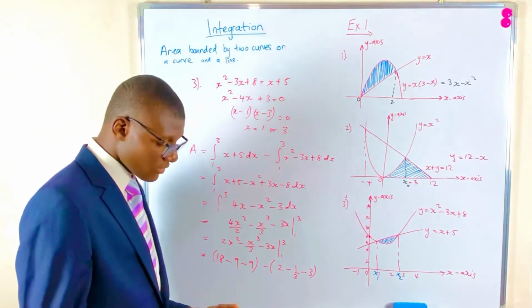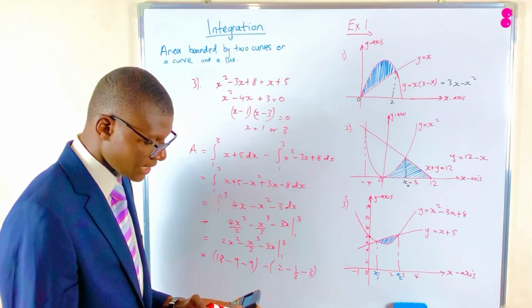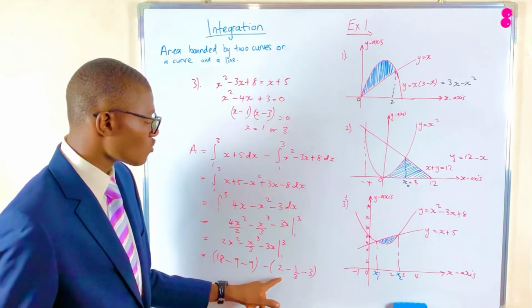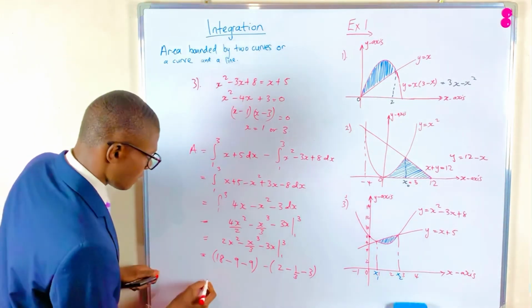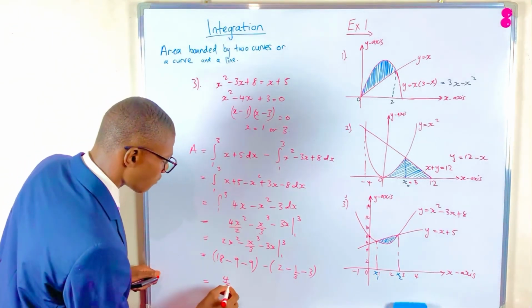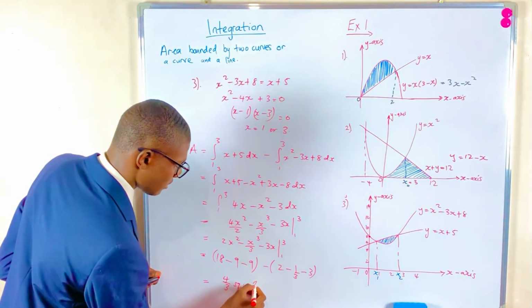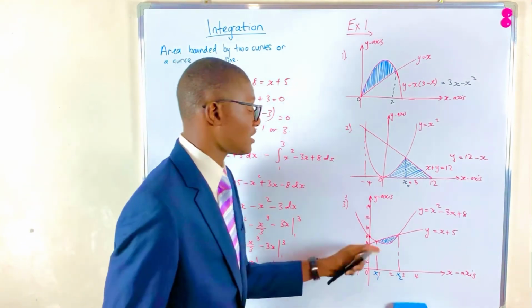And then this one we're saying 2 minus 1 over 3 minus 3. This will give us minus 4 over 3. So minus 4 over 3 minus, that will give us a plus 4 over 3. So the final result will be 4 over 3 square units. Right? Square units. So this will be the area of this shaded region.